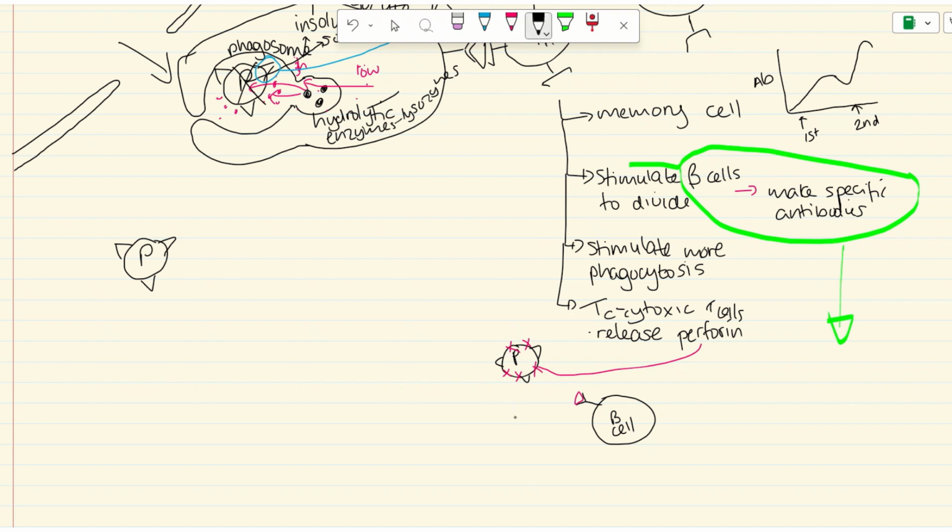So we have the pathogen that's invading, and the B cell processes that pathogen. Don't worry about that too much. It interacts with that pathogen and puts the antigen onto its surface. Thereby, it becomes also an APC, presenting the antigen on its surface.